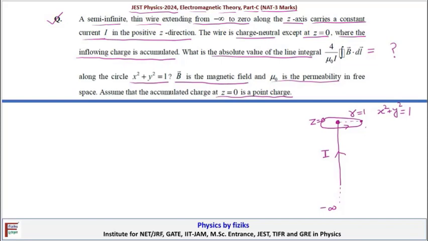So at this point the magnetic field B is given by mu naught I by 4 pi r phi cap. This is the magnetic field at one end of a semi-infinite wire. So let's see what closed B dot dl will be.